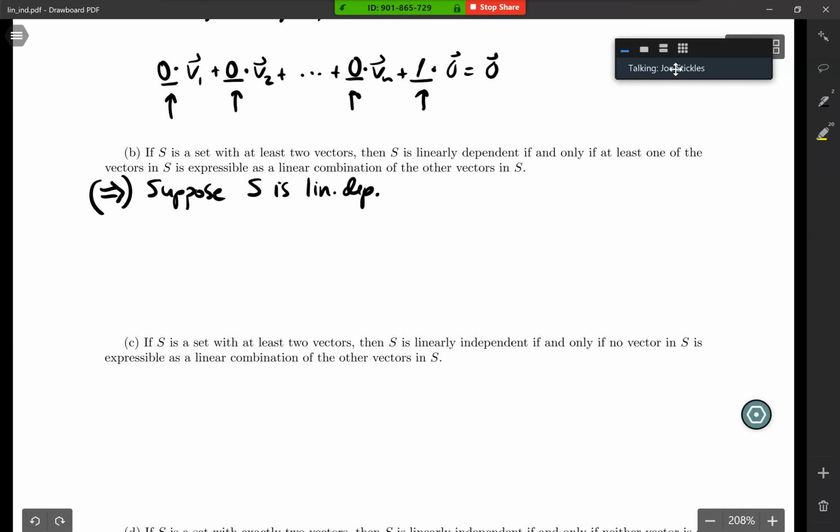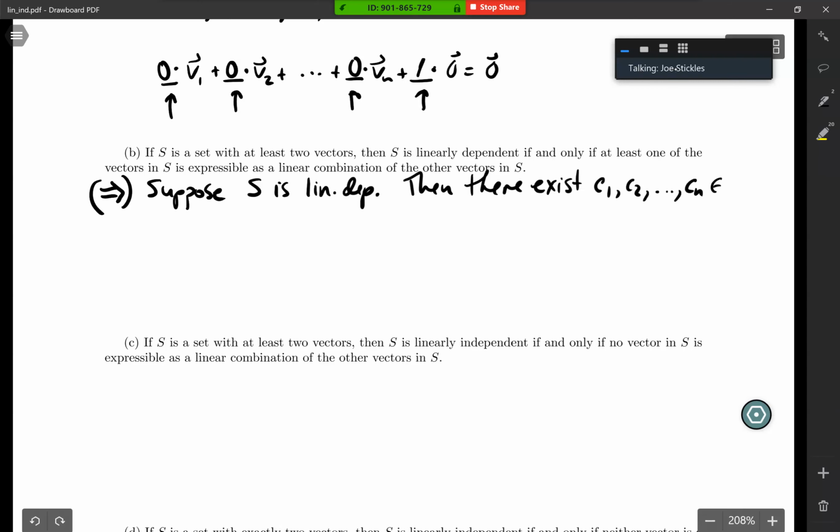So remember, linear independence says that a linear combination that gives you the 0 vector must have had all zeros for the constants. So linearly dependent means that there exists constants C1, C2, just assume that my S here is V1 out to Vn like I had up above.